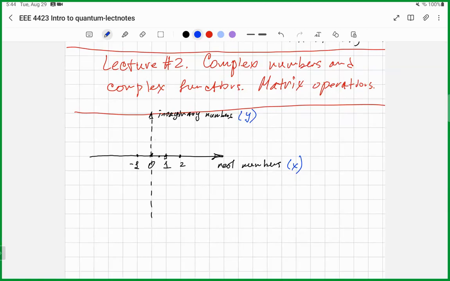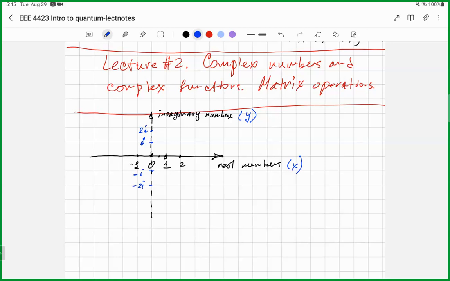For example, the unit in the imaginary numbers axis is named i, and the second element is 2i, and etc. 3i, 4i, 10i, 100i, 1000i, etc. And also, in the negative direction, it gets minus i, minus 2i, and etc. Right, so these are imaginary numbers.